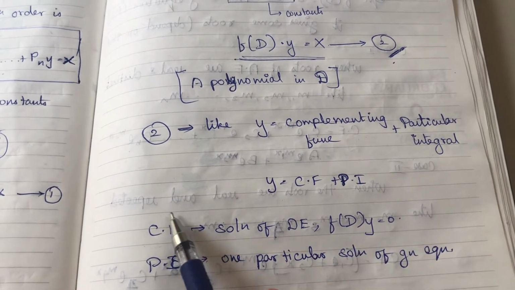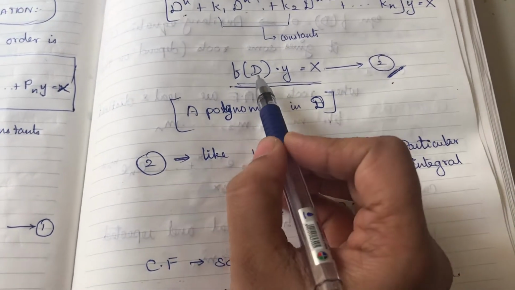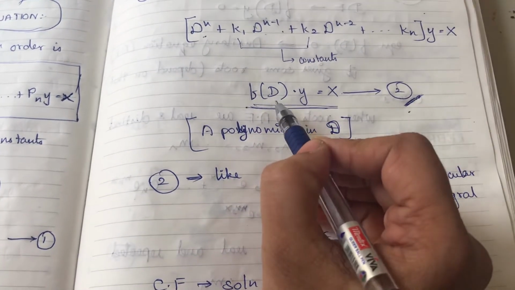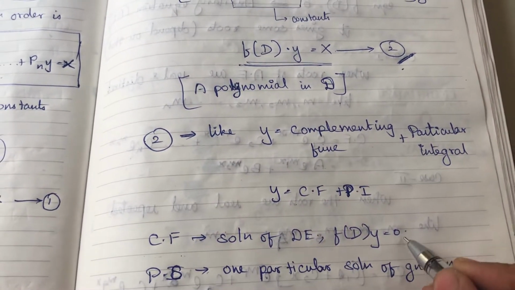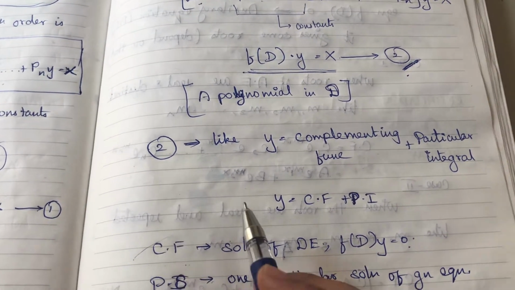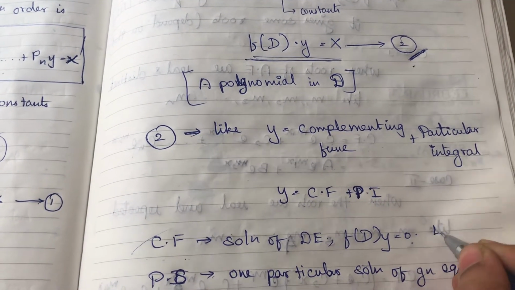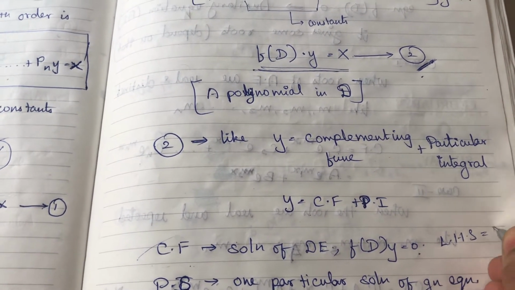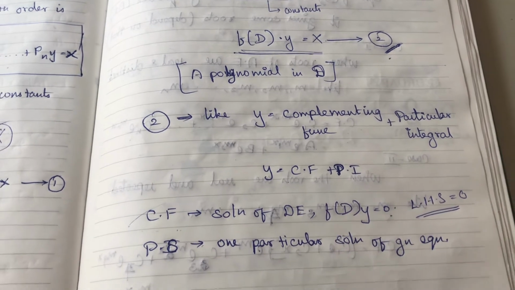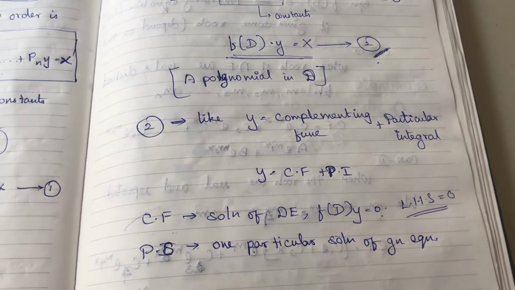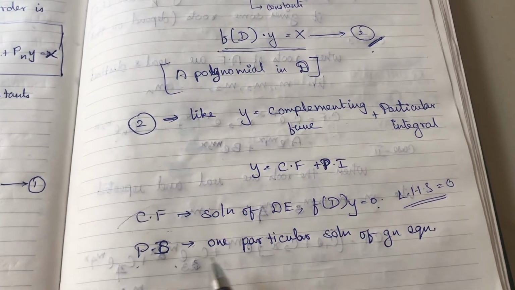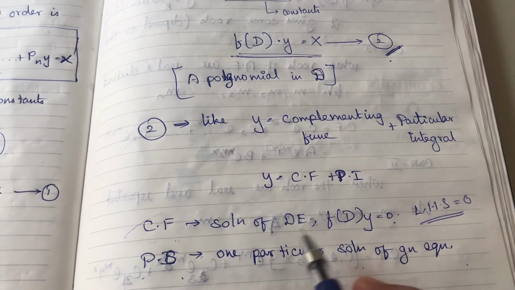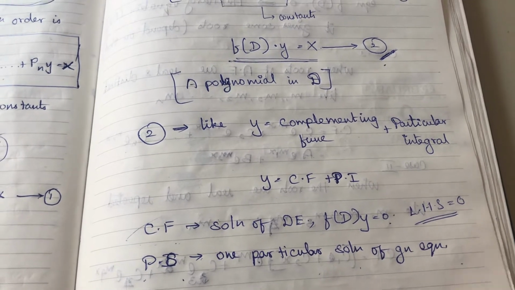For finding the complementary function, we set f(D) equal to 0, that is, we equate the left hand side to 0. The particular integral means one particular solution of the given equation.